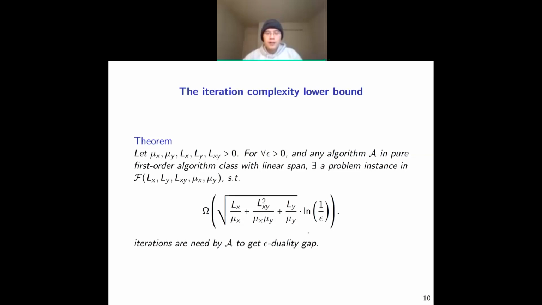So if we carefully look at this lower bound, we will find it's actually quite interesting. For this part, Lx over mu x, and this part, Ly over mu y.